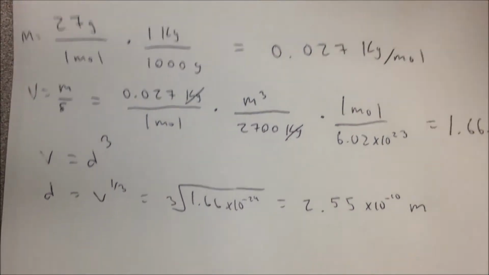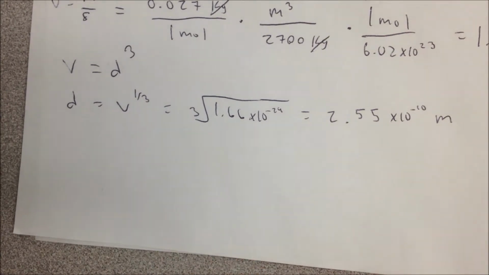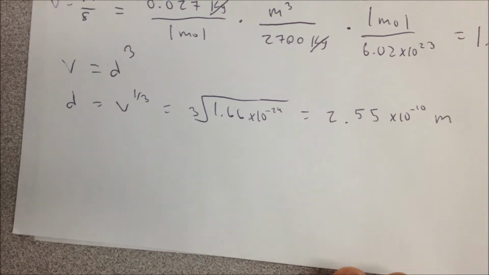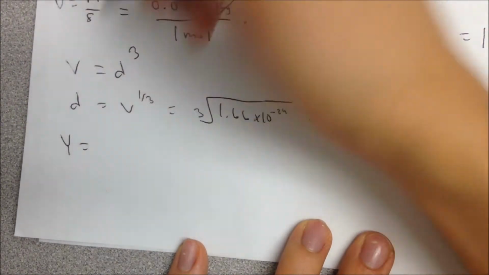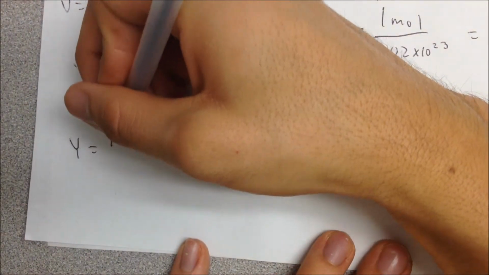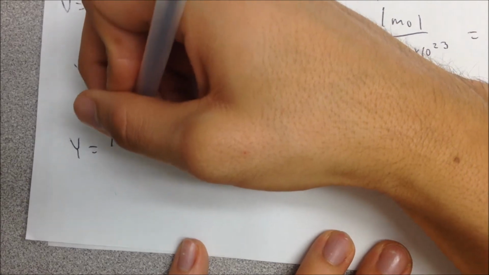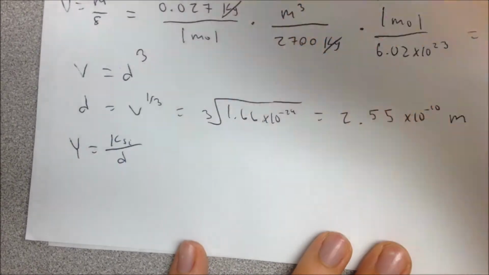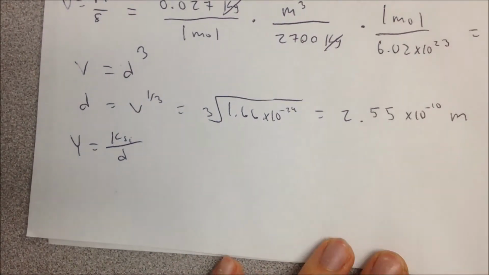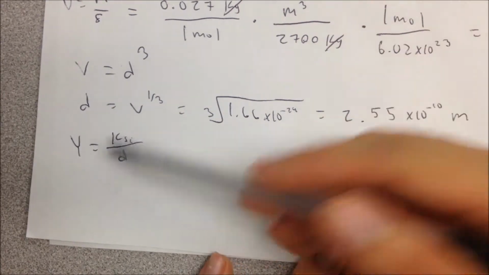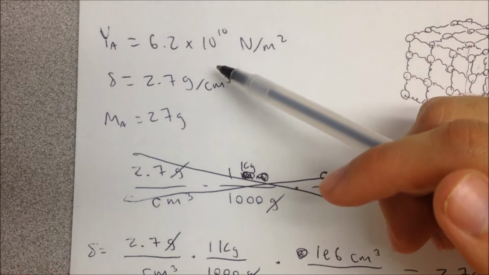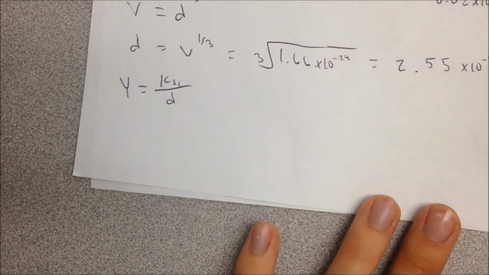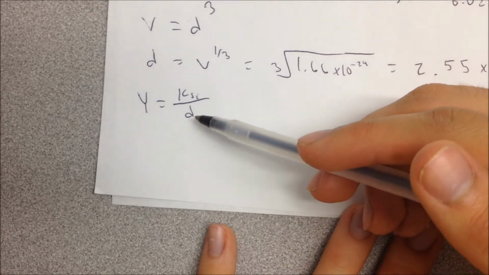That's for d. Now, at the micro level, the formula for Young's modulus is Y equals the spring stiffness over d. The Young's modulus was already given to us in the beginning, which was 6.2 times 10 to the 10, and we just solve for the spring stiffness.